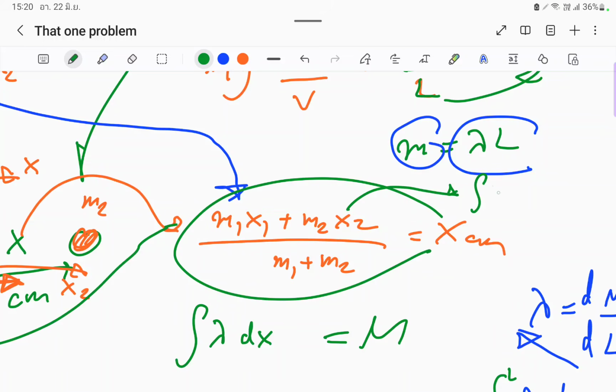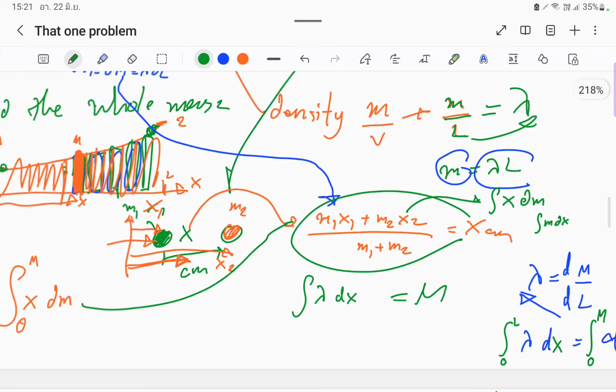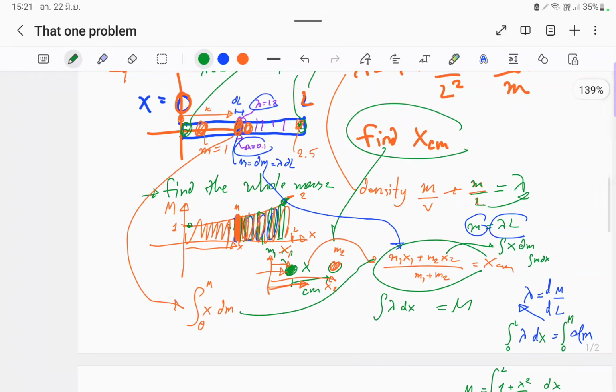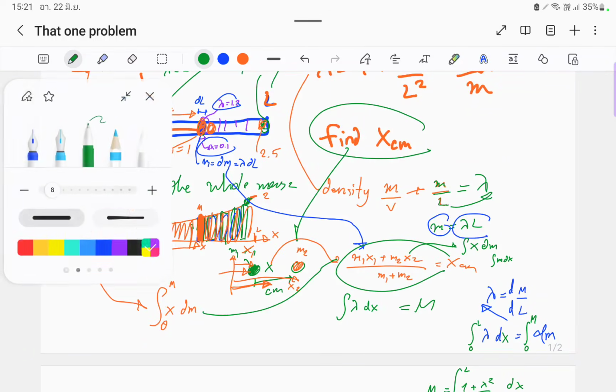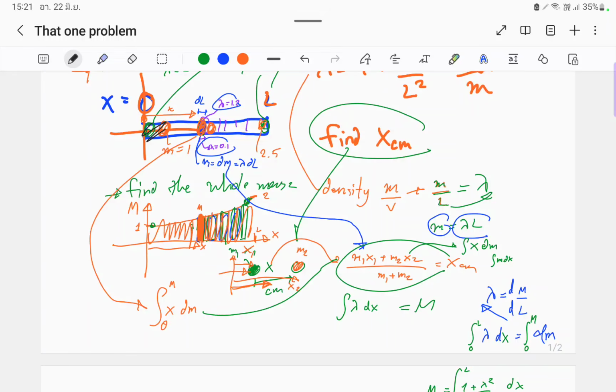So you get integrate x dm. You can remember this. And you might wonder why it is not integrate m dx, because that's not how it works. If you did that, you would get the mass of this whole piece multiplied by just the length of this little section, which is not what you want. So you want to use integrate x dm, not m dx.